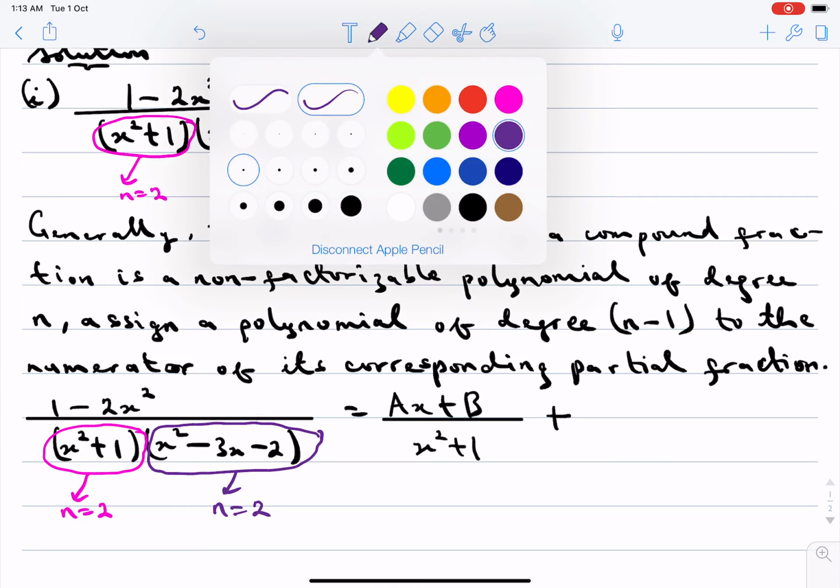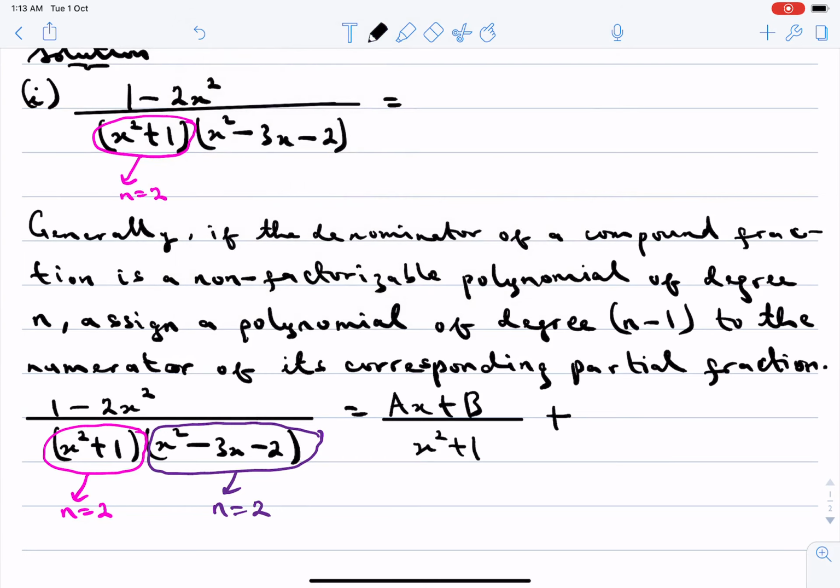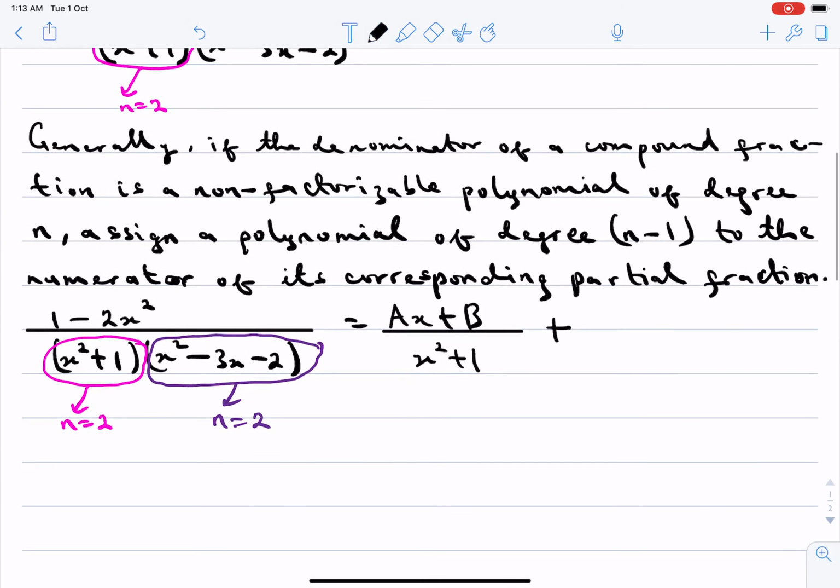Its numerator is also the most general polynomial of degree n minus 1, of the form cx plus d. The partial fraction is cx plus d over x squared minus 3x minus 2.